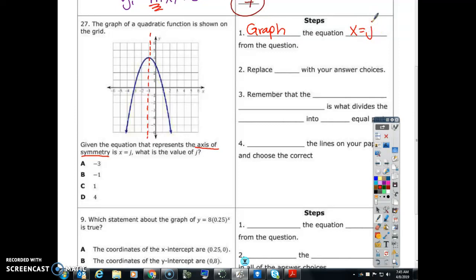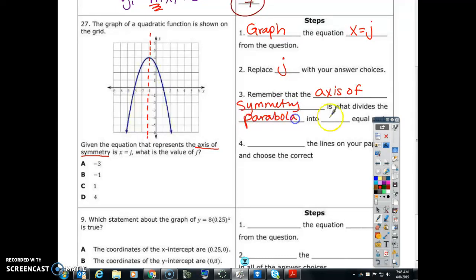Okay? Replace the j with your answer choices. And remember that the axis of symmetry is what divides the parabola into 2 equal parts. So we already did that.